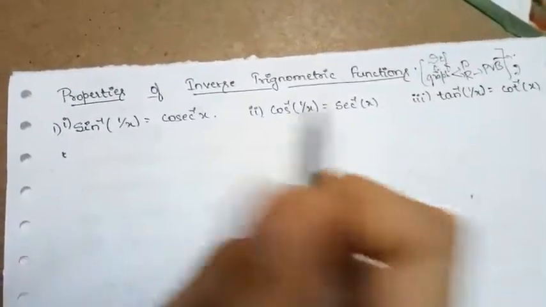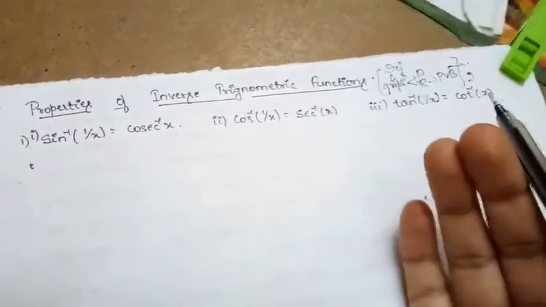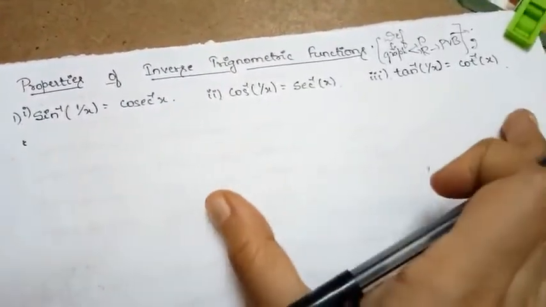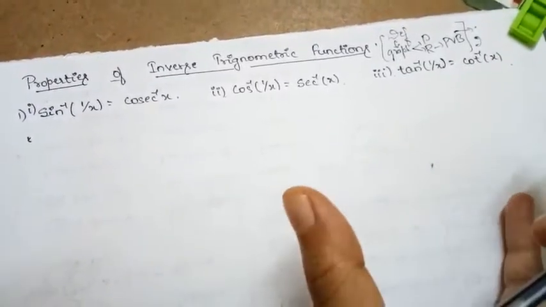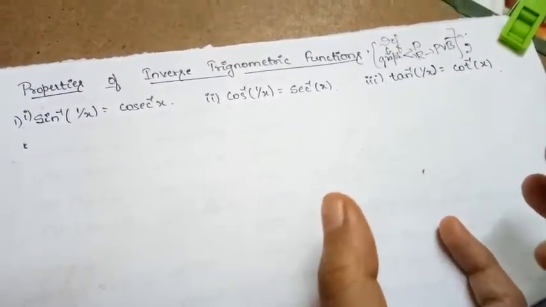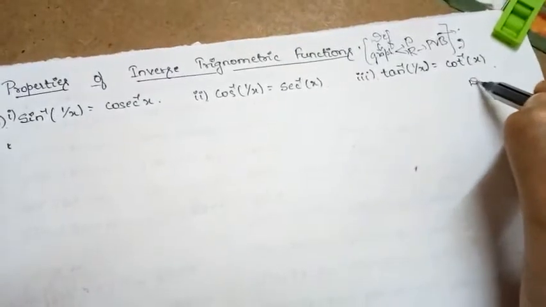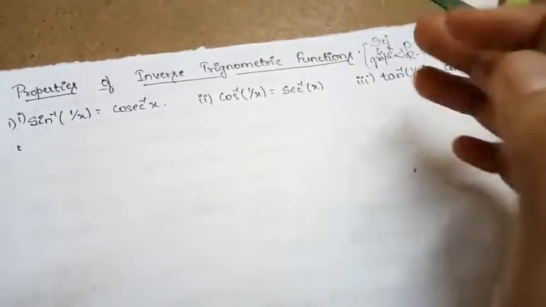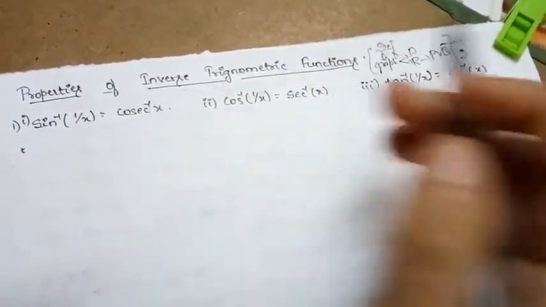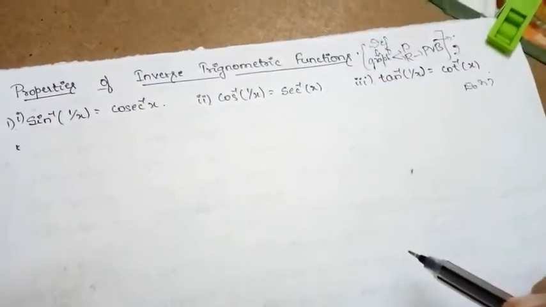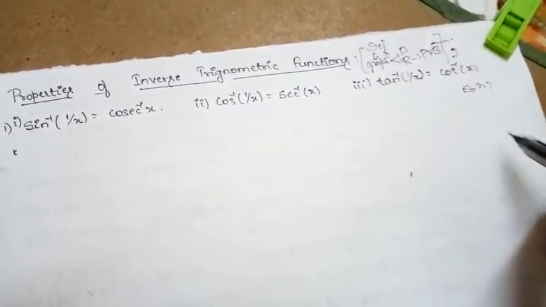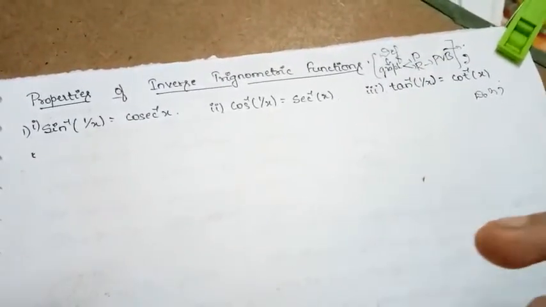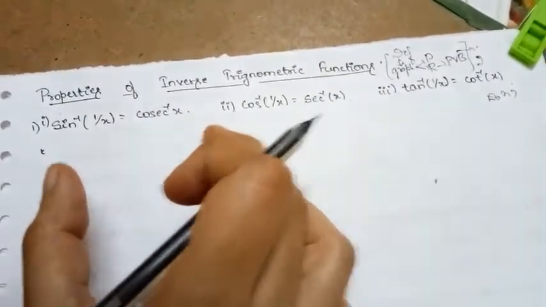Whatever properties they have given for the inverse trigonometric functions, all those properties are going to be satisfied in a certain domain only. How this domain plays a role, you might not get clearly while solving problems, because all the questions in your NCERT textbook are satisfied in the domain they have mentioned.